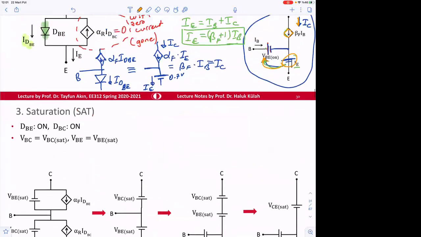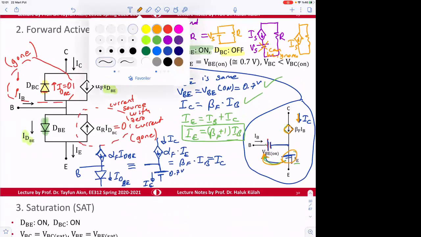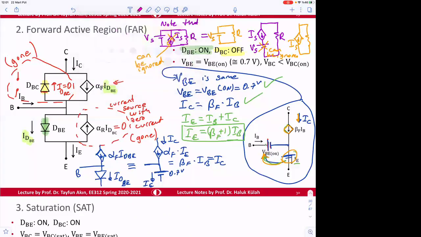So therefore, eventually and finally, this will be our model for the forward active. This is going to be emitter, base 0.7 volt, and the current controlled current source, and the value is beta F times I base, and this is I base.